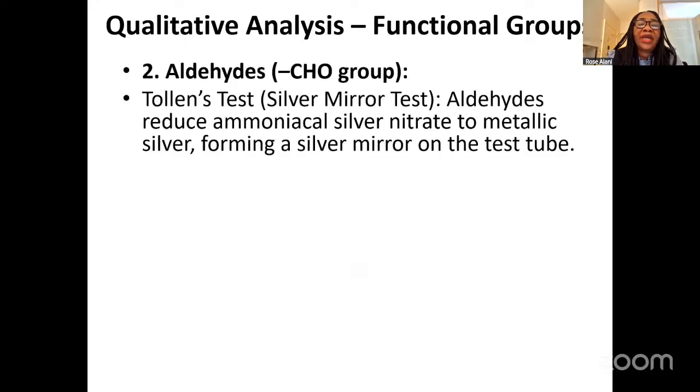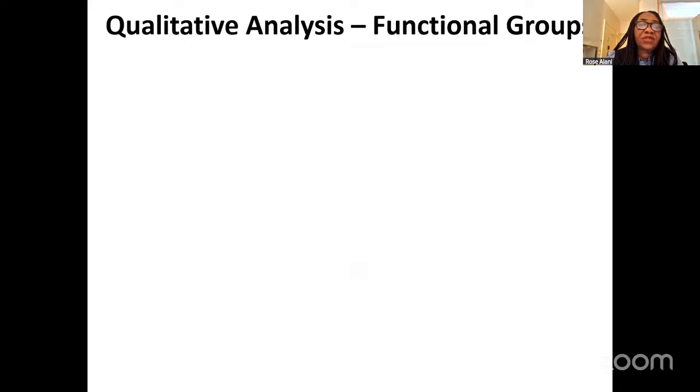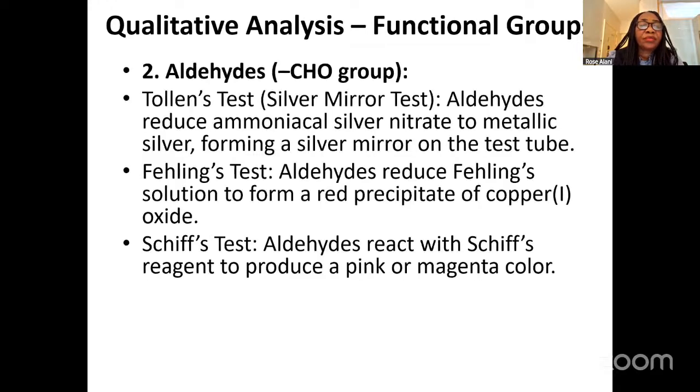For aldehydes, the CHO group, we have different tests to carry out. This one is Tollens' test, or silver mirror test. Aldehydes reduce ammoniacal silver nitrate to metallic silver, forming a silver mirror on the test tube.